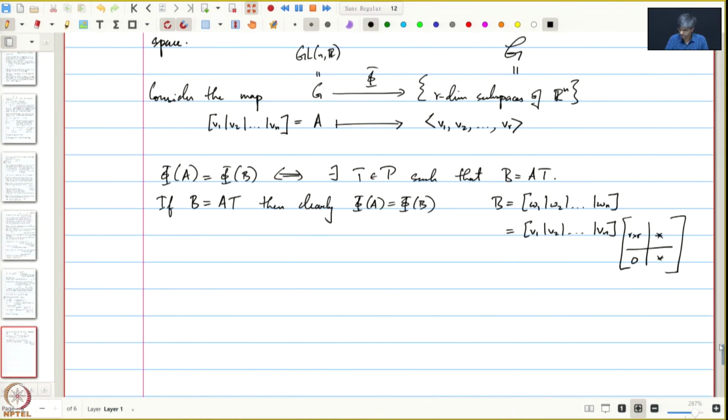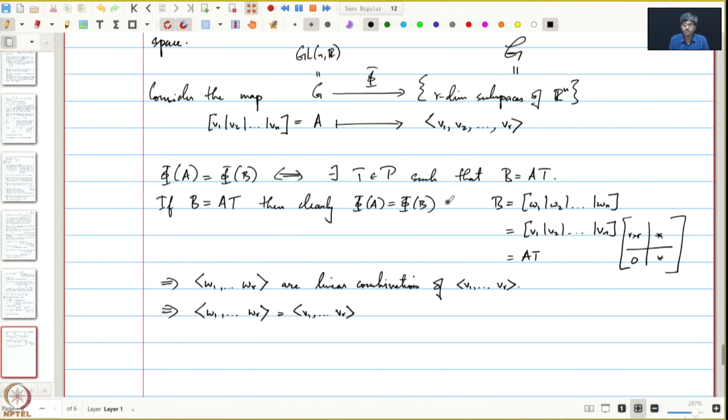So this is A times T. This will imply that W1 up to Wr are linear combinations of V1 up to Vr, and both are r-dimensional subspaces. So the span of W1 up to Wr is equal to the span of V1 up to Vr. So this shows that phi of A is equal to phi of B.